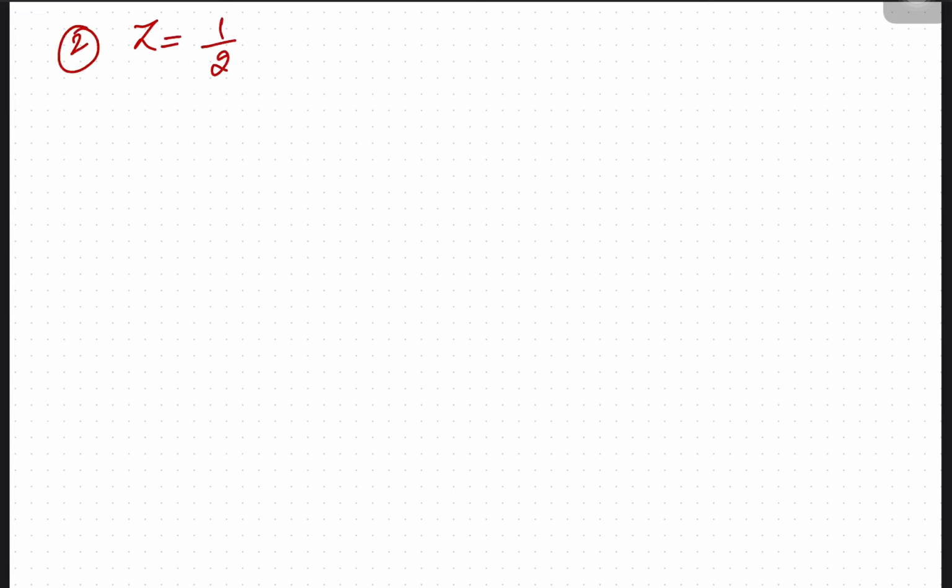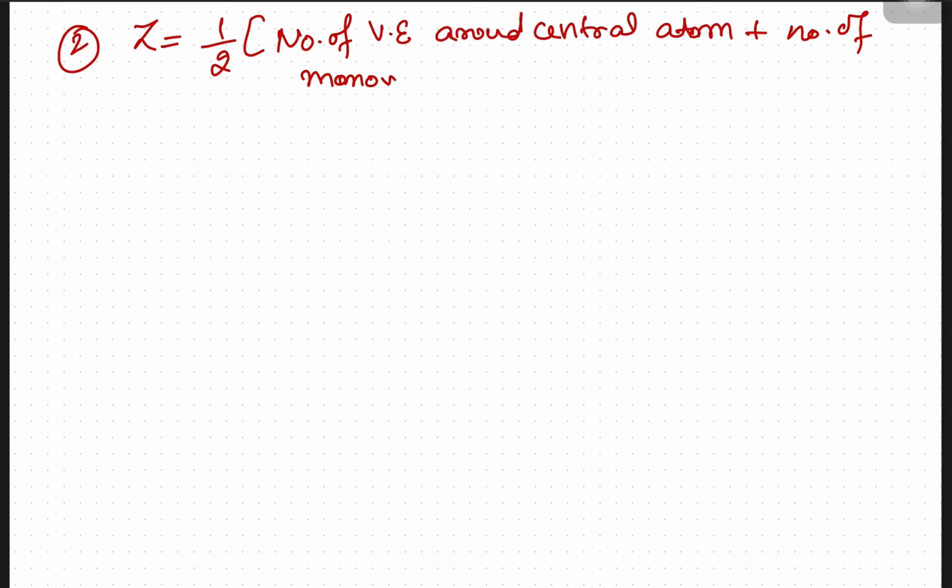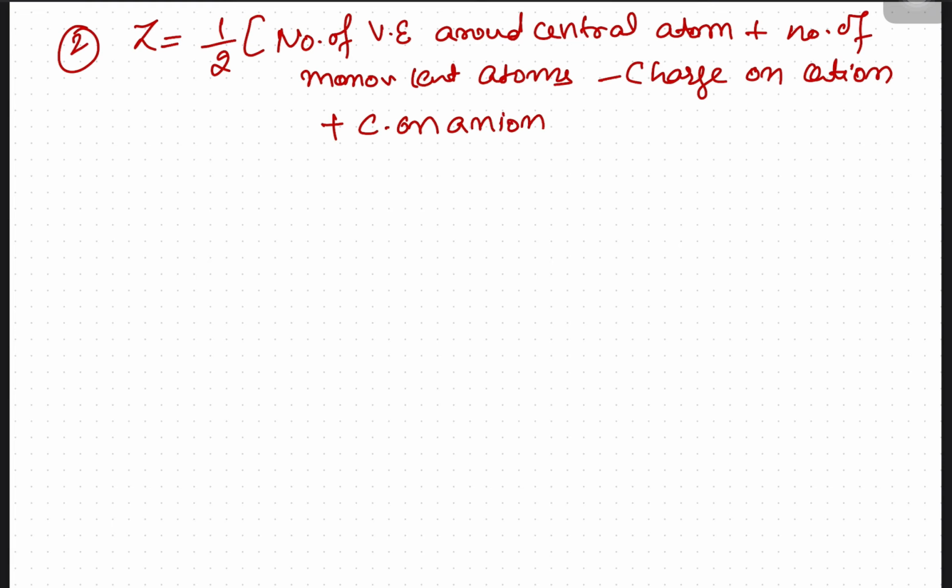It is half the number of valence electrons around the central atom plus the number of monovalent atoms, minus the charge on cation and plus the charge on anion, right?